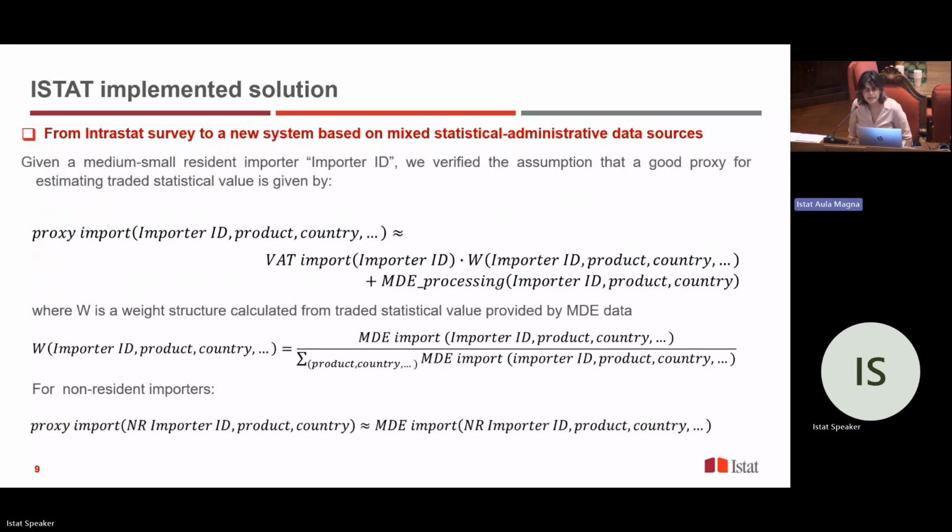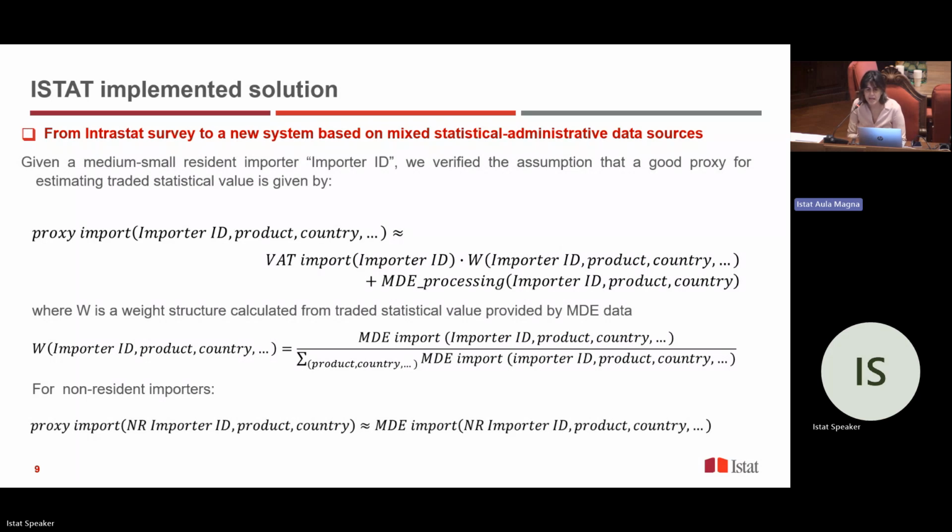And so in this way, we built a proxy of the import that we would like to exempt from responding to the Interstat survey, which is essentially the total trade reported in the VAT system, broken down by product and country or by all statistical variables according to the microdata exchange received from the other national statistical institutes.